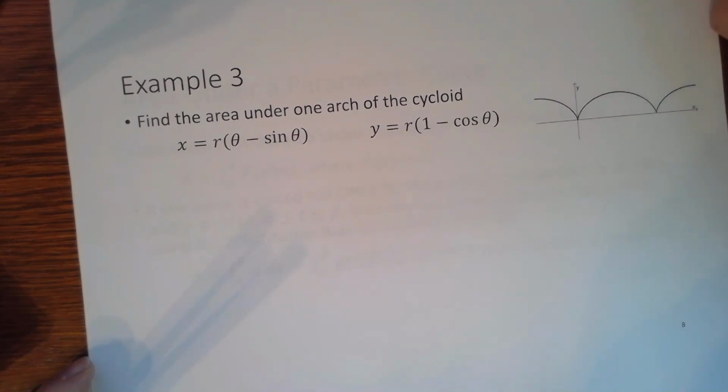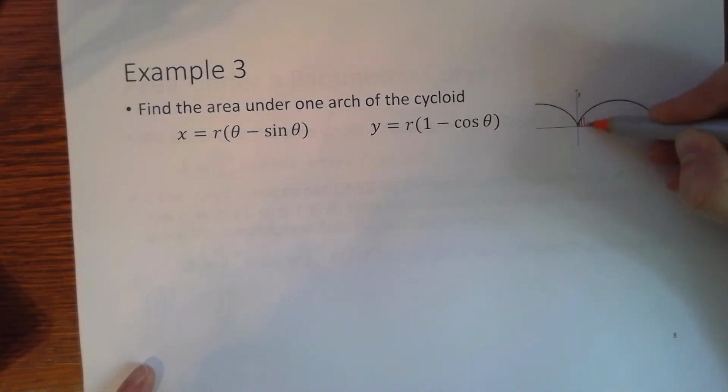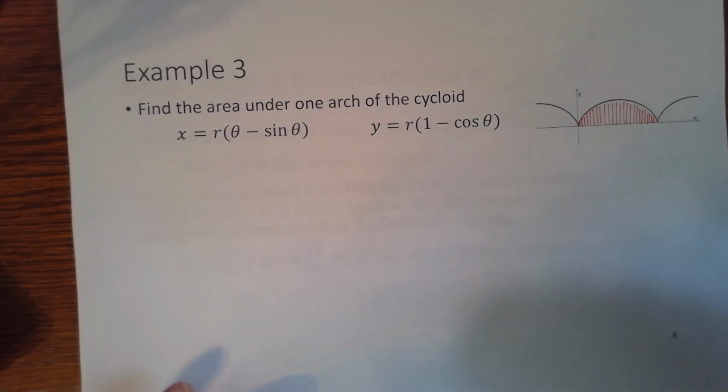So let's look at an example. We want to find the area under just one arch of the cycloid. So we want to look at the area under, let's just say, this one arch. We've looked at this before.